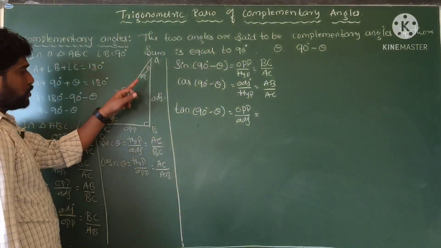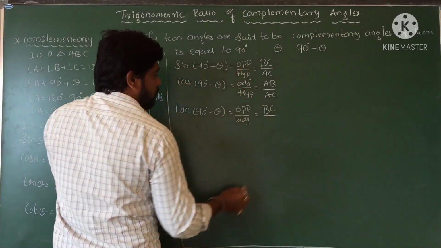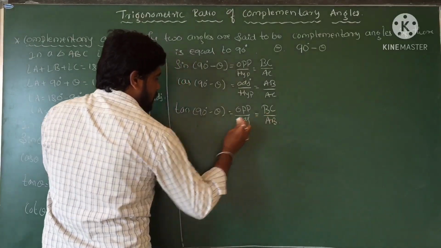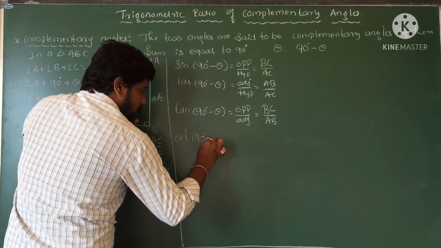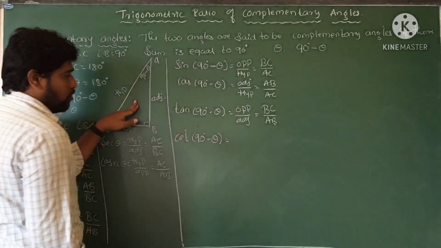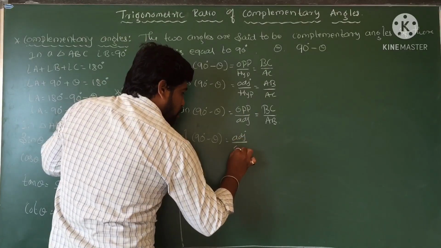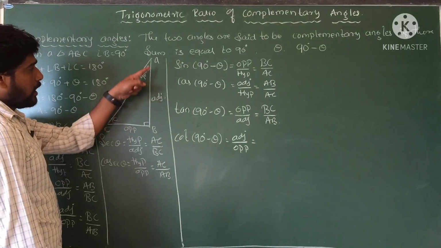The opposite is BC. BC divided by adjacent AB. Next, cot 90 minus theta. Cot 90 minus theta is adjacent divided by opposite. The adjacent here is AB.